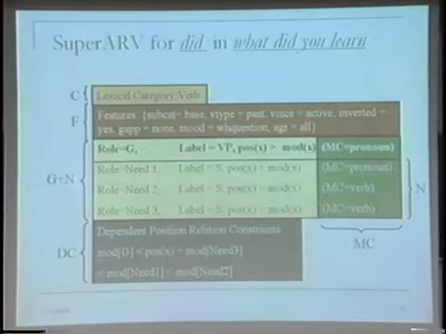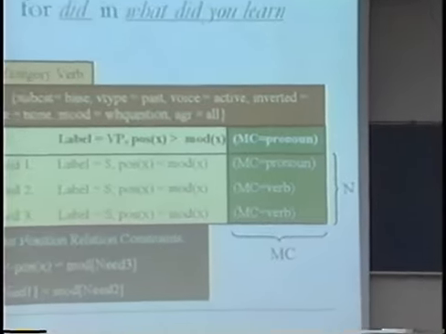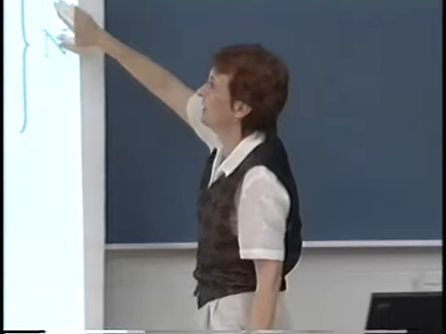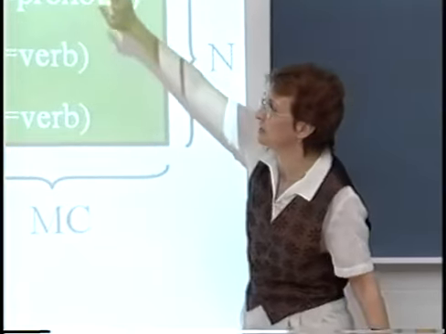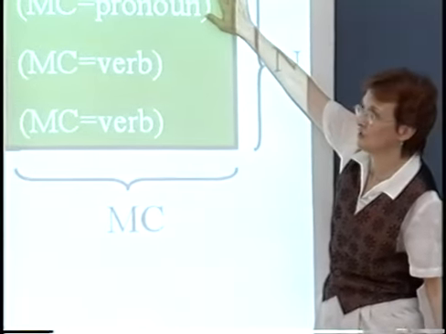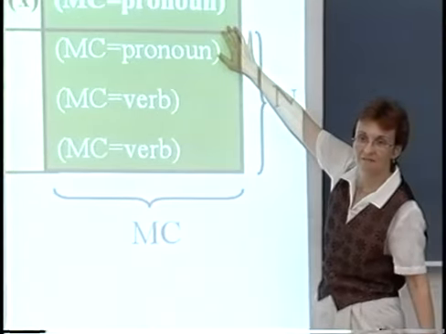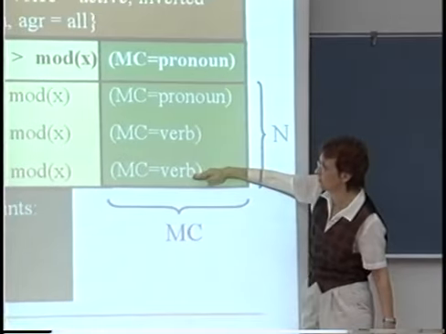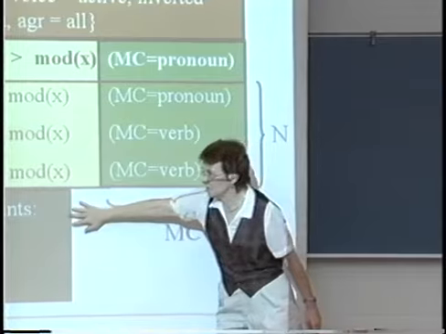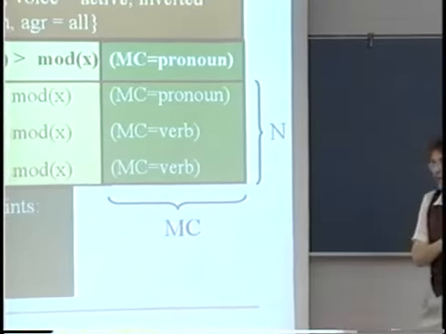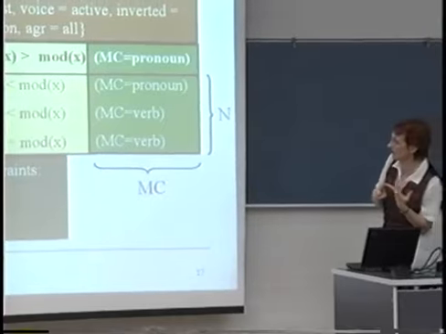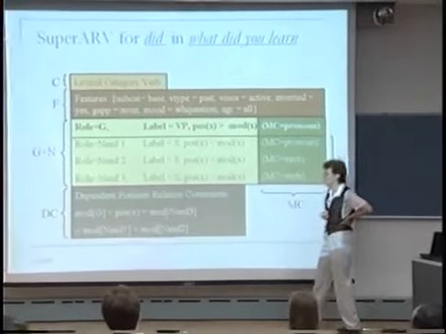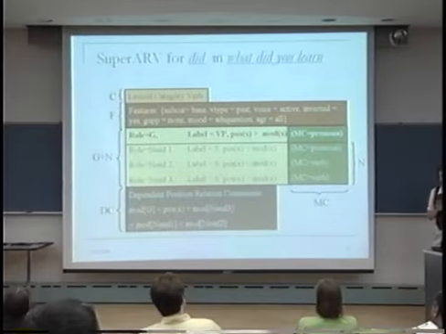So here is a super ARV for did. Now, by and large, if you go back and look at the ARV, it was essentially this top piece, right? You had the verb, you had the features, and you had this, right? What I've added is also each of the need roles and the relative positions of the governor's modifiee, the position of the word itself, the position of the need 3 modifiee, the position of the need 1 modifiee, and the position of the need 2 modifiee.